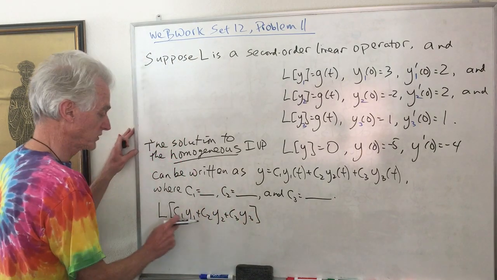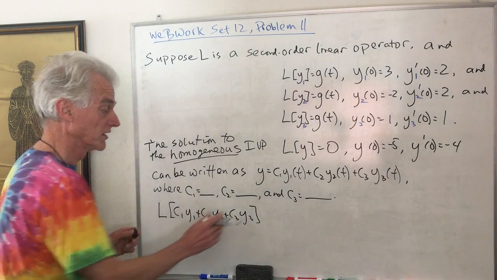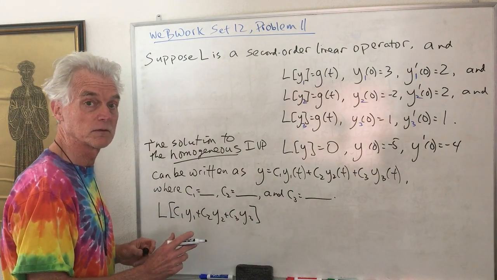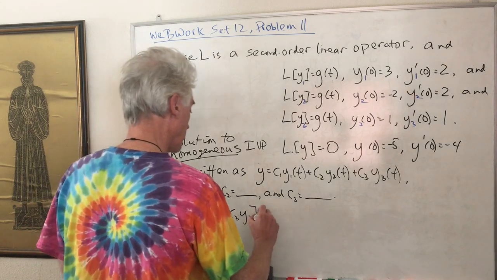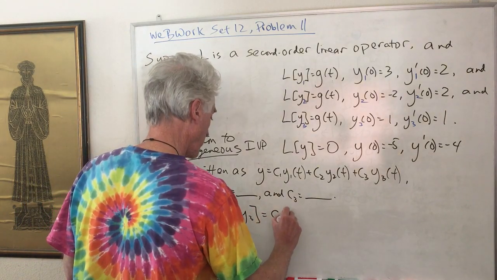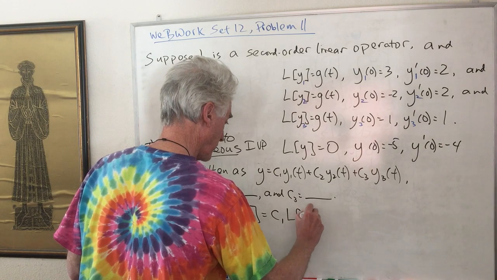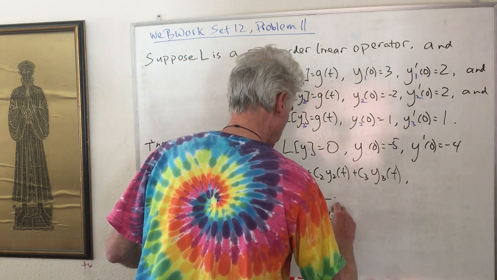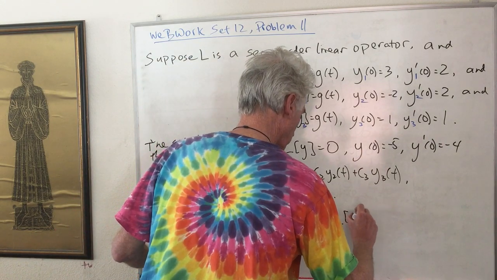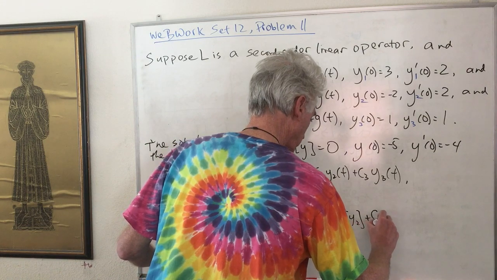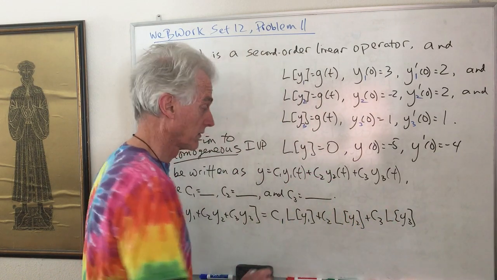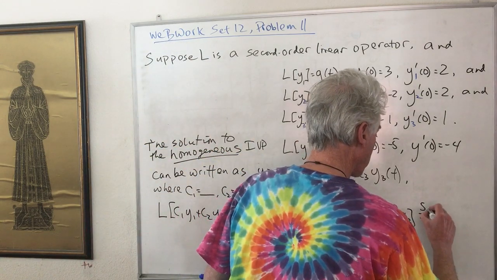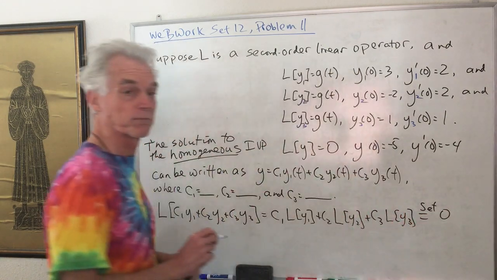When I want to choose c1, c2, and c3 so that it equals 0, right? But let's first use the linear operator stuff about it. This is c1 times L of y1 plus c2 times L of y2 plus c3 times L of y3. And I want to set that equal to 0.